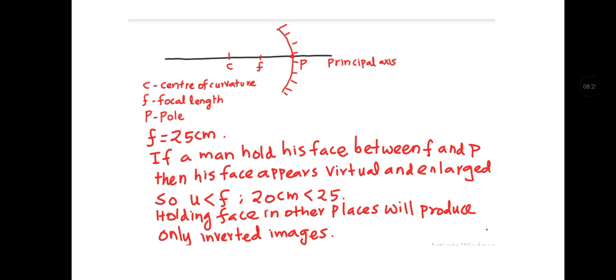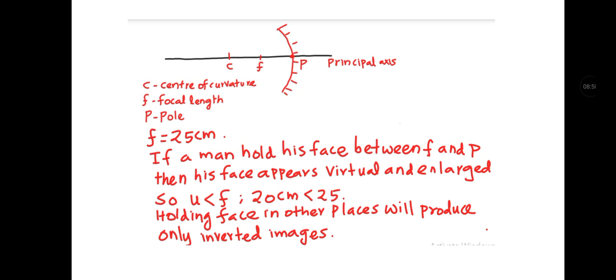And if the image is virtual and upright, then only the man will use the concave mirror for shaving his face. If the face is placed in between C and F, then the image produced is the inverted image. So the man cannot use the concave mirror for shaving.